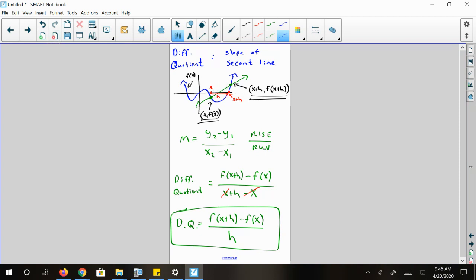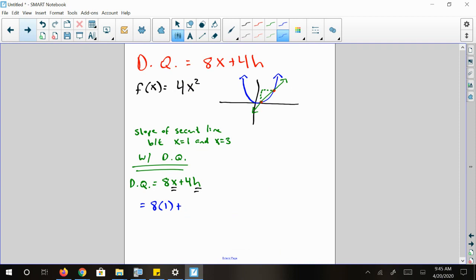So if I'm going from 1 to 3, then my h value is 2, because I have to do 1 plus 2 to get to 3. If I plug in 2 right here, I get 8 plus 8, and that means the slope of this secant line, using the letter m to represent slope, would be 16.